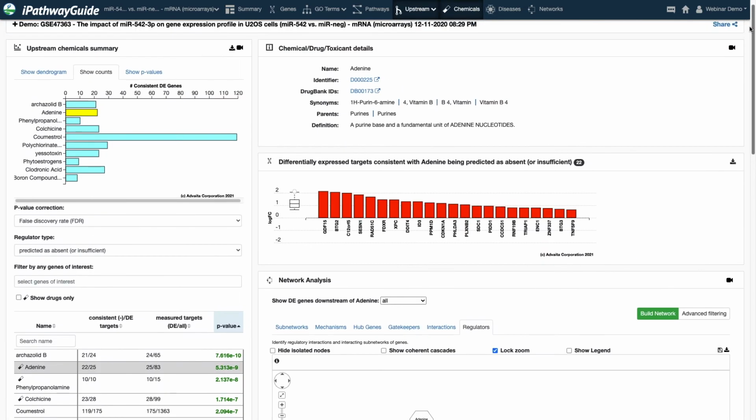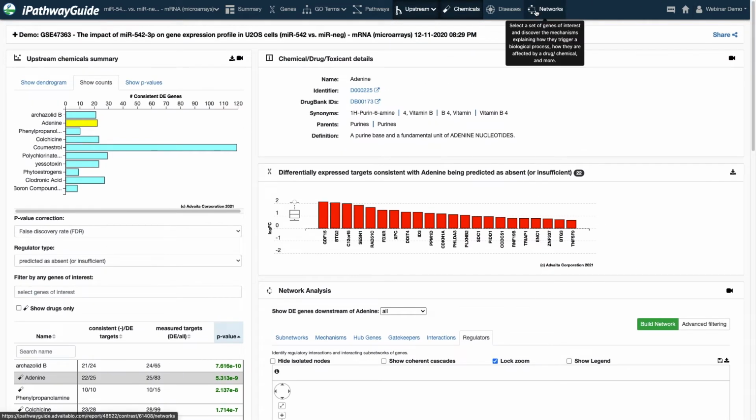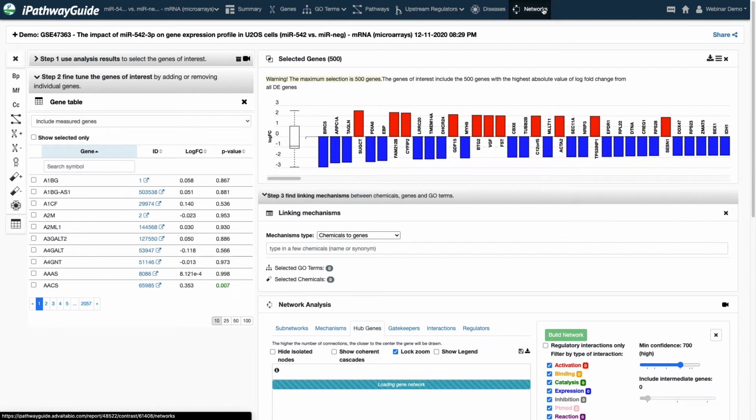Let us go to networks. Let's start putting this all together. So this module is just a little bit different in terms of how it's laid out than the other ones.